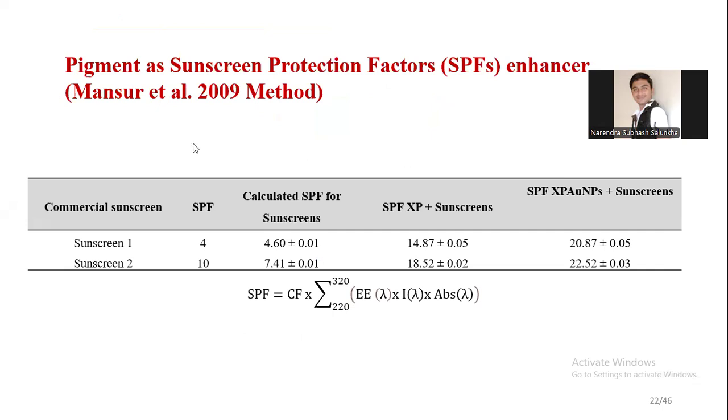The pigment was used for sunscreen protection factor using the Mansur et al. method, and two sunscreens, sunscreen 1 and sunscreen 2 formulations, were made, and the SPF was enhanced by 3 to 4 degrees as compared to the pigment-based sunscreen and the standard sunscreen.